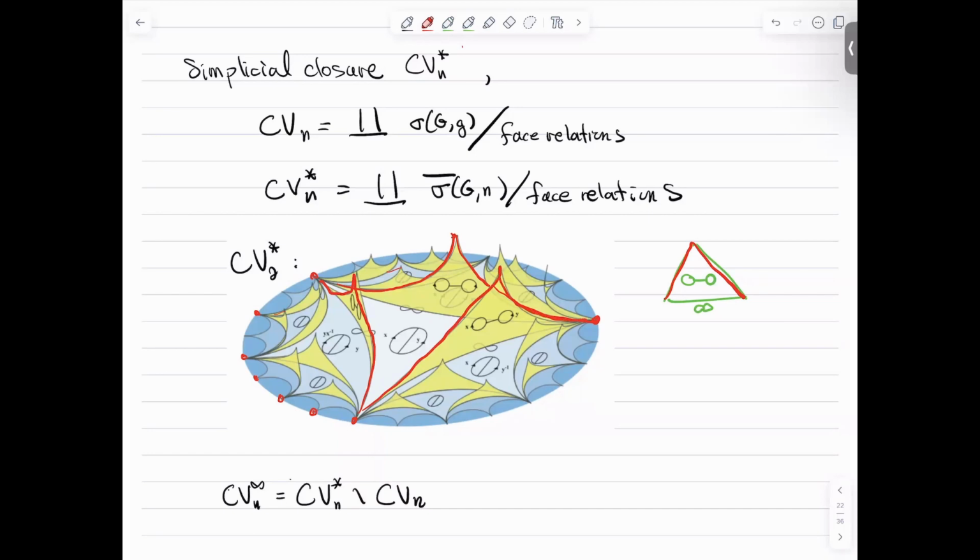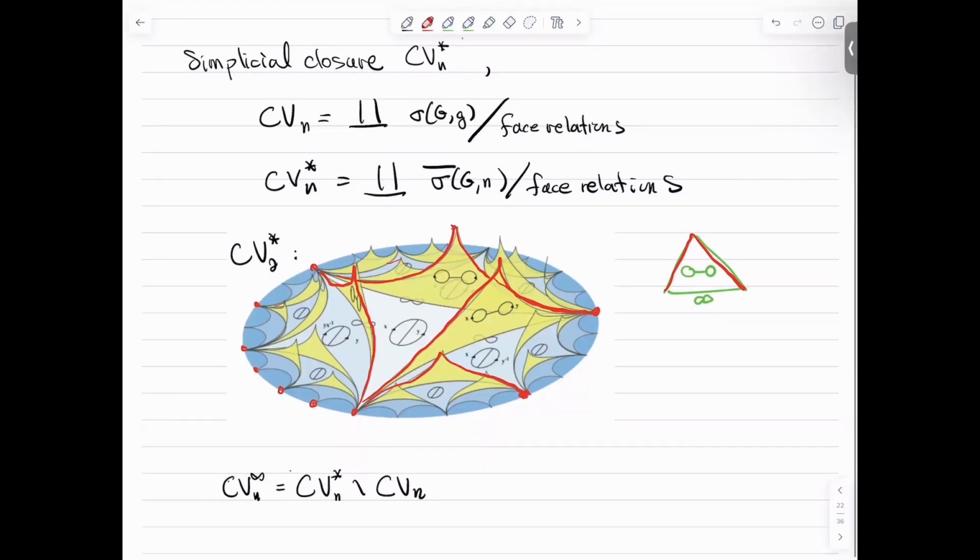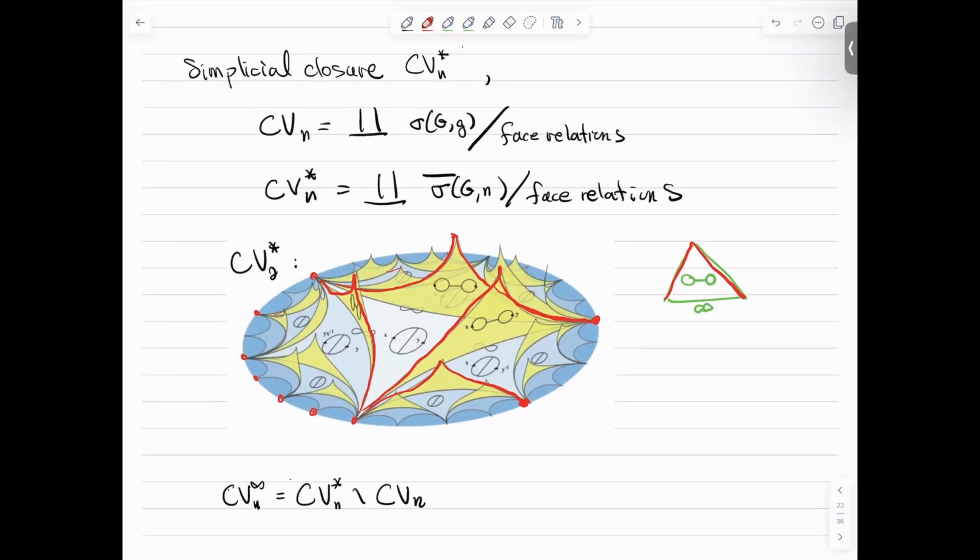So all this red stuff is in CVn star, but it's not in CVn. And I define CVn infinity to be CVn star minus CVn. So that's the stuff at infinity. Those are two spaces of graphs.